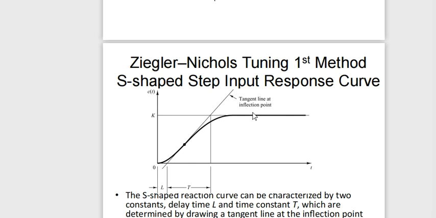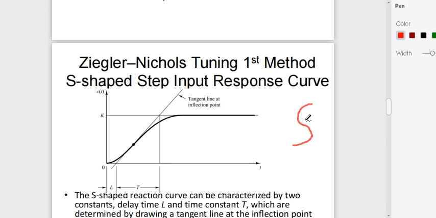Next we are going to draw a tangent at the inflection point. The inflection point is the changing point, where the change from one state to another occurs, and that point is called the inflection point.